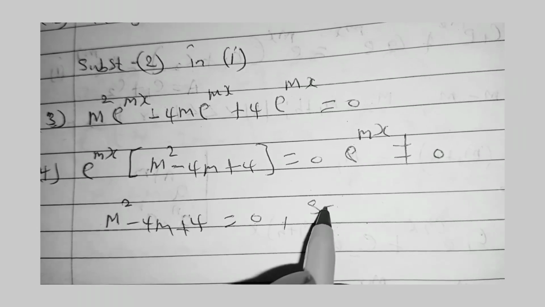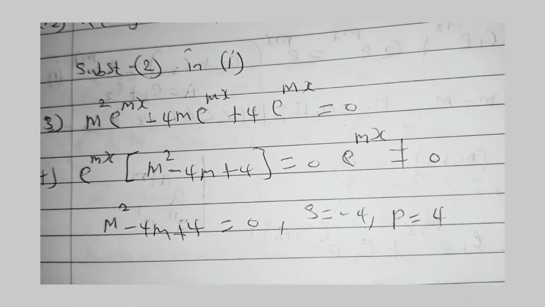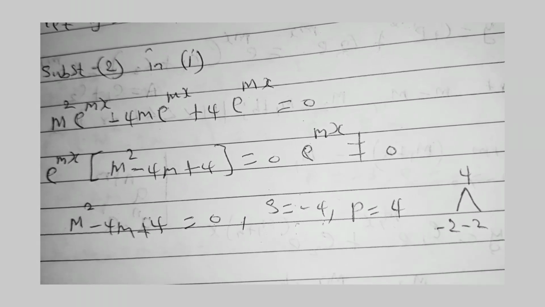This is a quadratic equation whereby the sum is -4 and the product is 4. So we seek two numbers which when we multiply we get 4, and when we add we get -4. These numbers are -2 and -2.